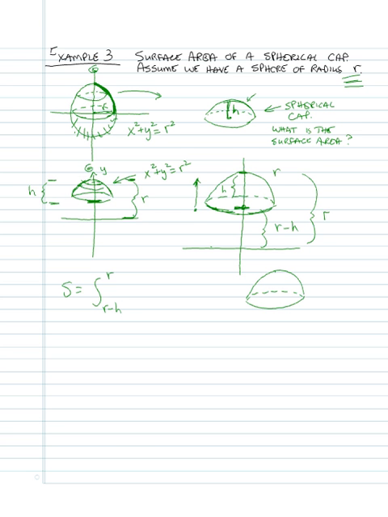Now, I'm looking at a circumference of a frustum. So this distance right through here is my circumference. Oh, and that's an x value, isn't it?